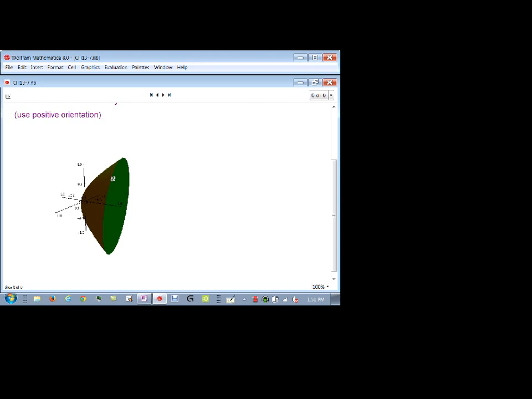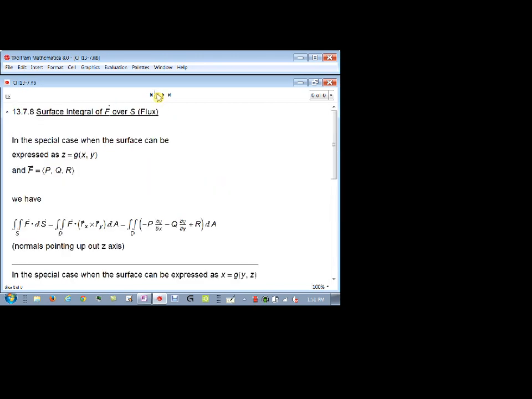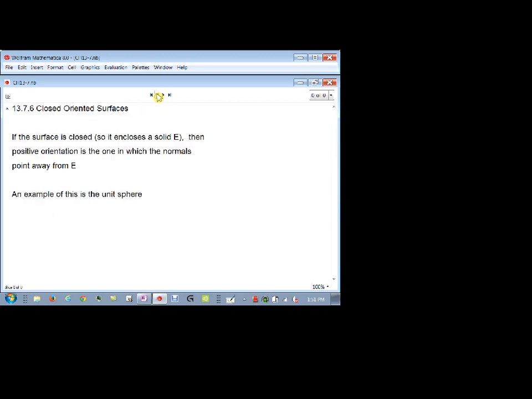Now, we need to try and understand what positive orientation is here. What did we say earlier in the notes? Right here. If the surface is closed, is our surface closed? Then the positive orientation is the one in which the normals point away from E. Right?